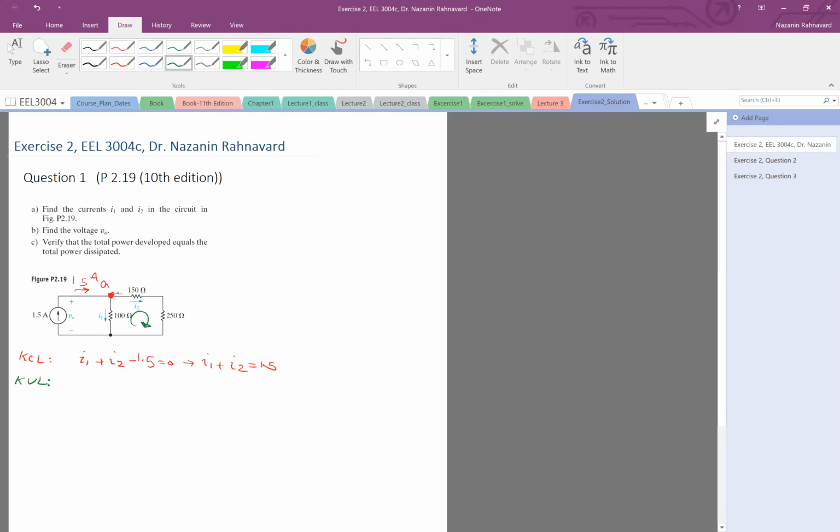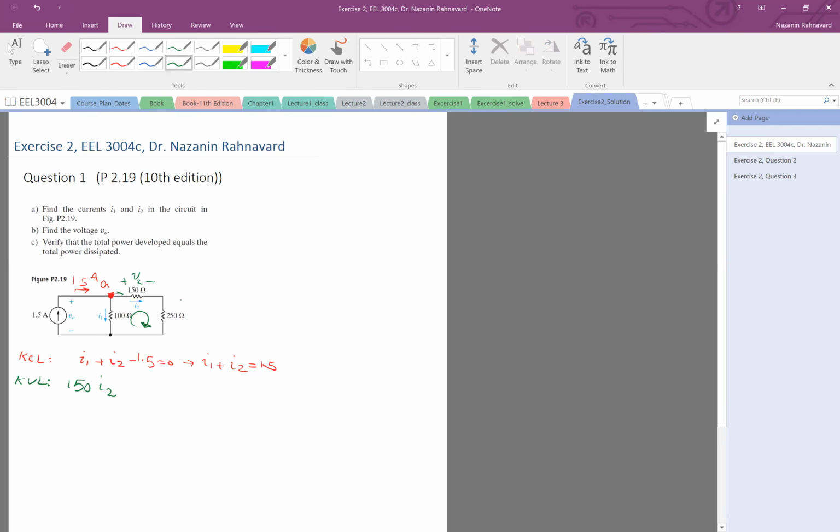Okay, so let's start from here. 150 times I2, because I'm going this way and I2 is in the same direction. Or you can see it another way: because I2 is going this way, the plus and minus V2 reference direction is that way.